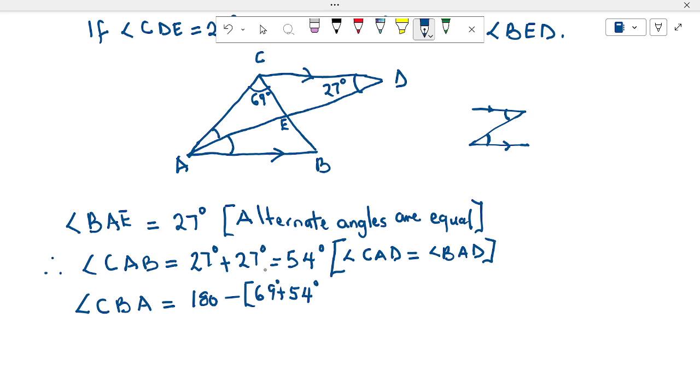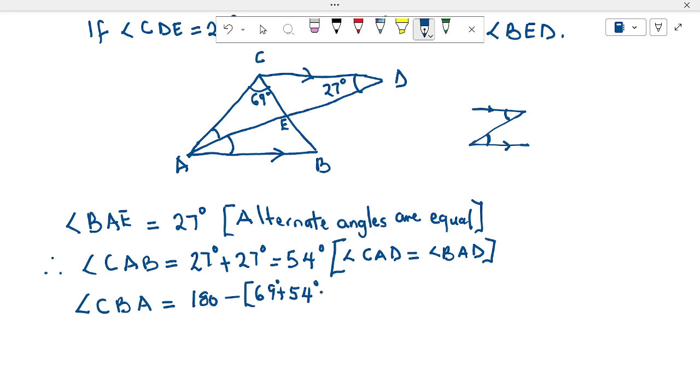Don't forget we have this angle, angle ABC. This triangle has three angles. We have 69, we already know 54. We can get this last one by the summation of these and subtracting it from 180. Reason: summation of angles in a triangle is equal to 180.